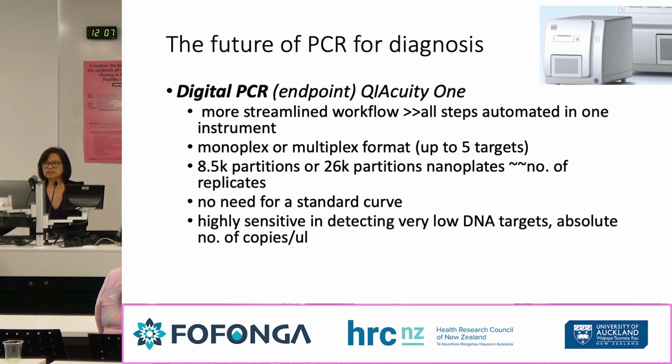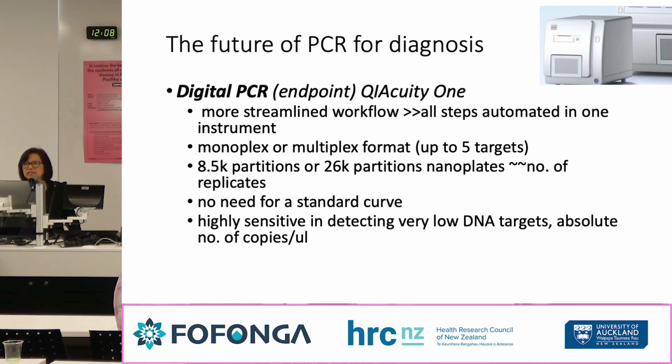And instead of using the 96 or 384 well plate from our previous protocol, we can now use nanoplates that can do 8.5 thousand partitions, and that is synonymous to your number of replicates. We did triplicates in our first assay. Now we can do 8.5 thousand replicates of one single PCR mix.